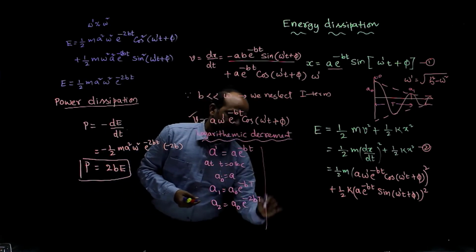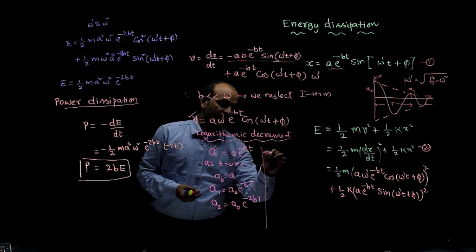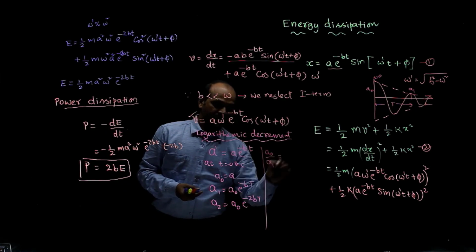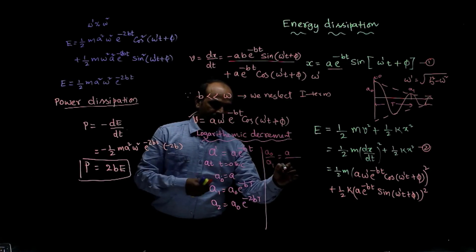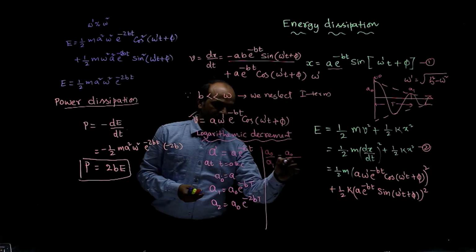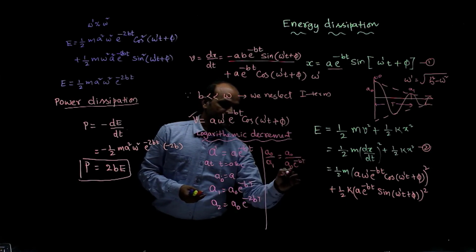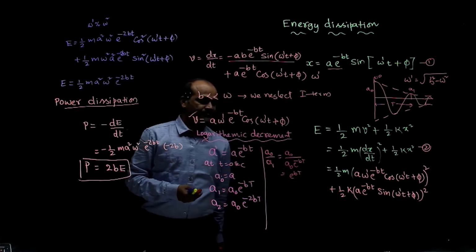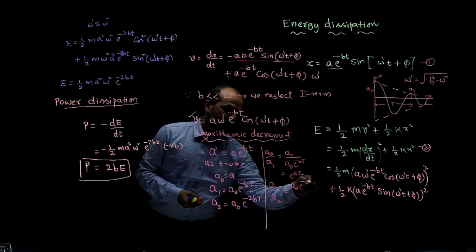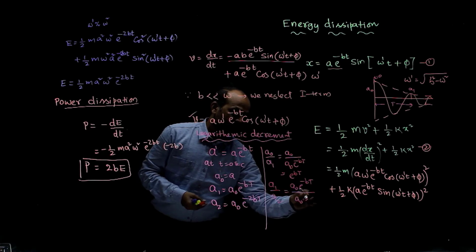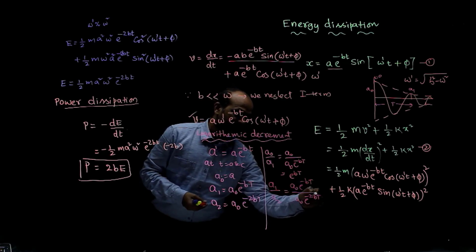Okay. So A naught by A1 is what? A naught by A1 is A e power minus bT. So this is e power bT. Similarly, A1 by A2, if you write, A1 is A e power minus bT by A e power minus 2bT. This is again e power bT, and so on.